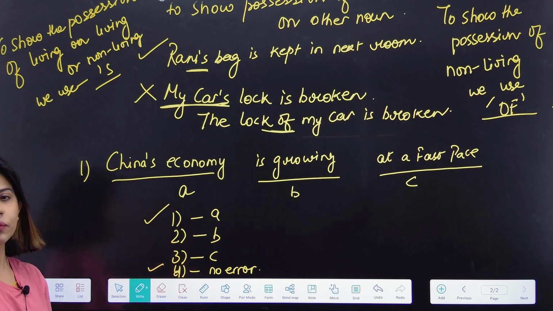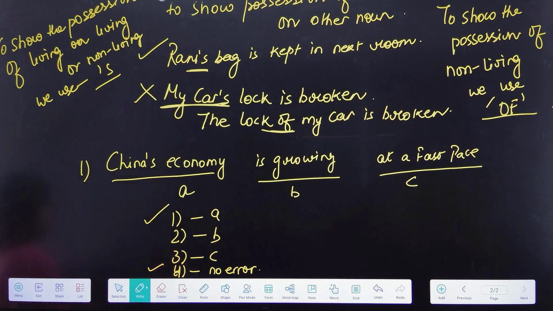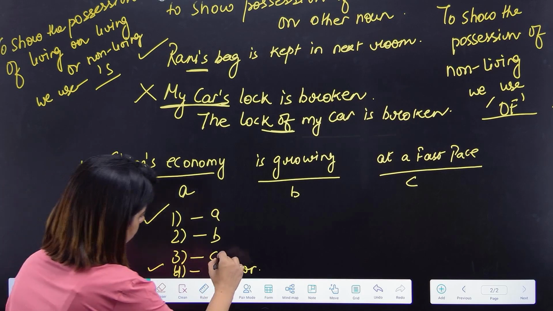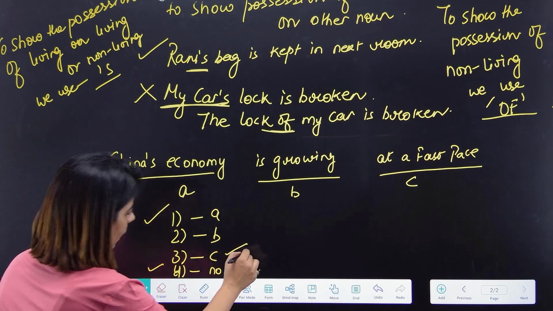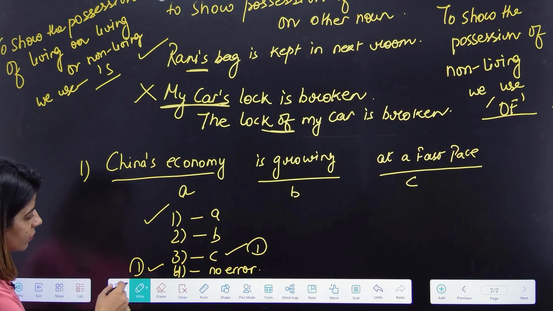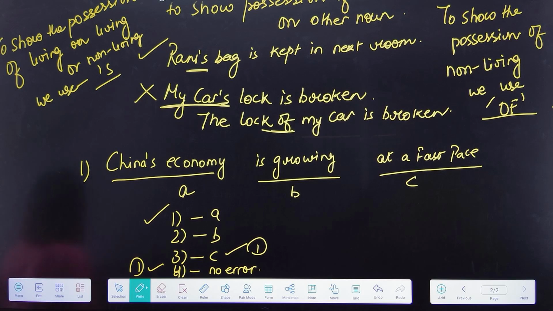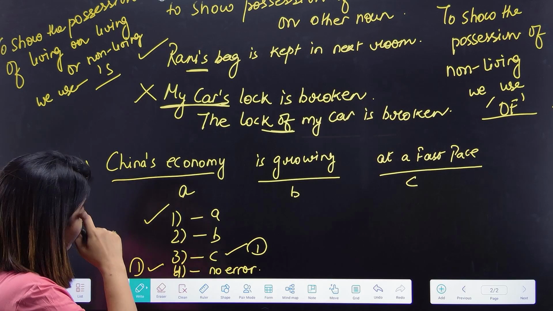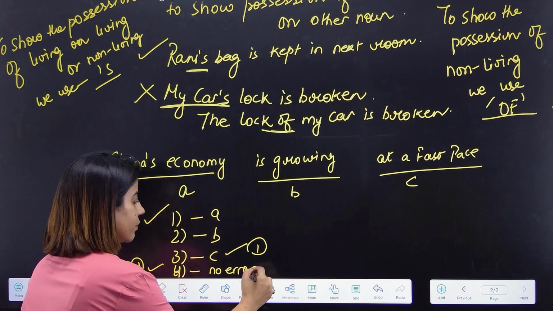All right, dear. C. वन है ना अभी तक 1 1. हाँ जी. A, no error, no error. Error, no error, no error, no error. Answer is no error.